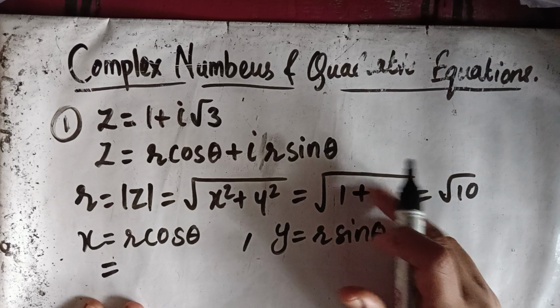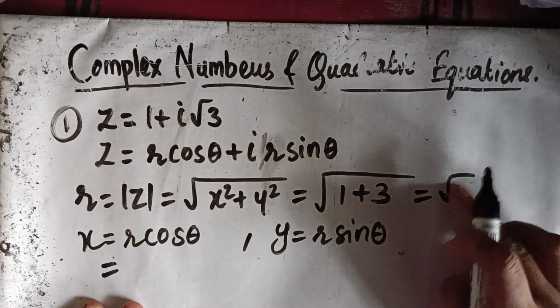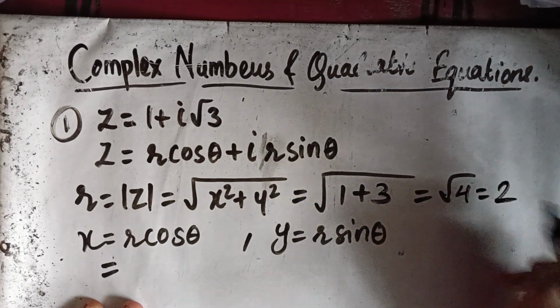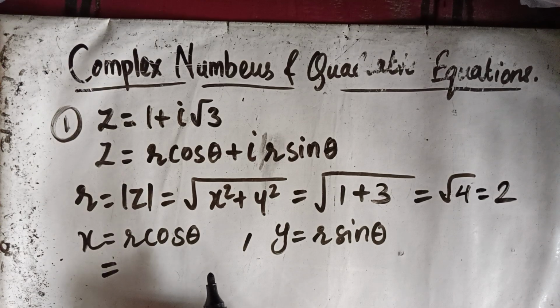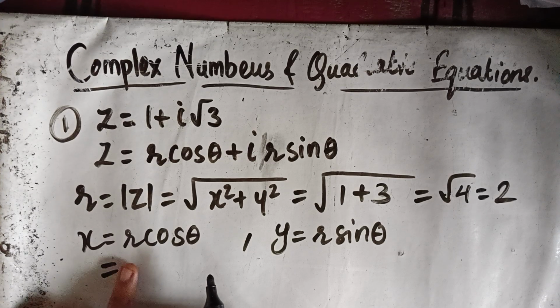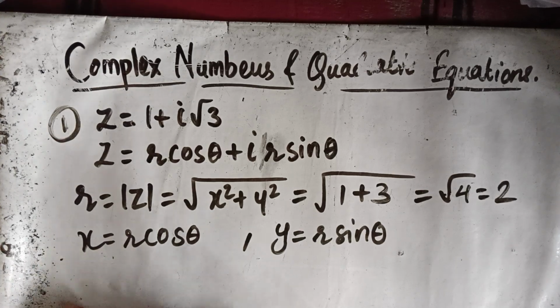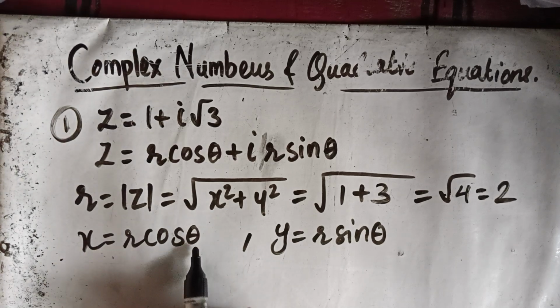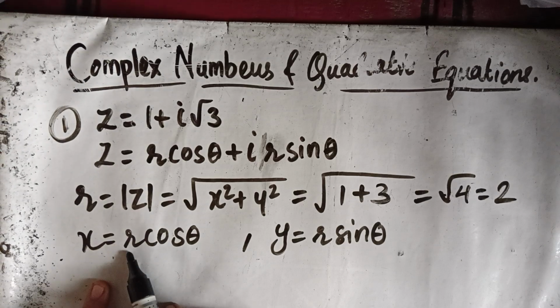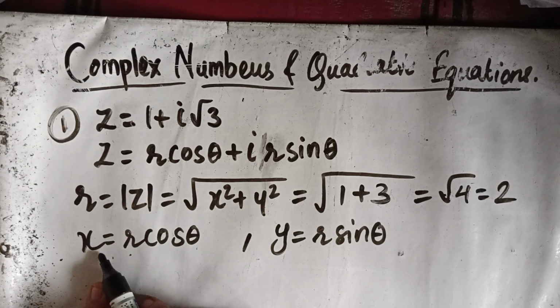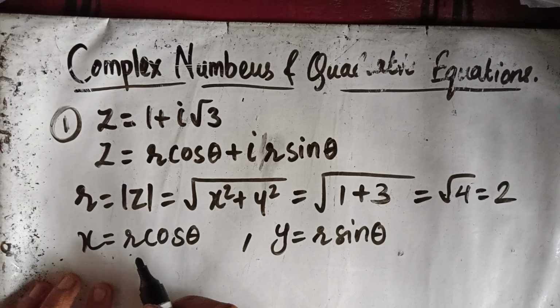This is root 3 square. So it will be 3, sorry, 4, 2 it is. Okay. So cos theta is, we have to find the value of theta, right? R is 2 and x is 1, right?